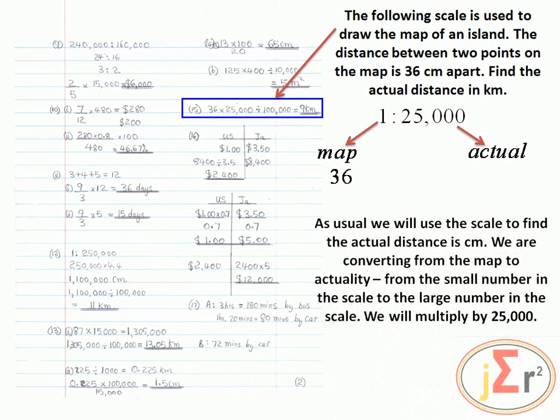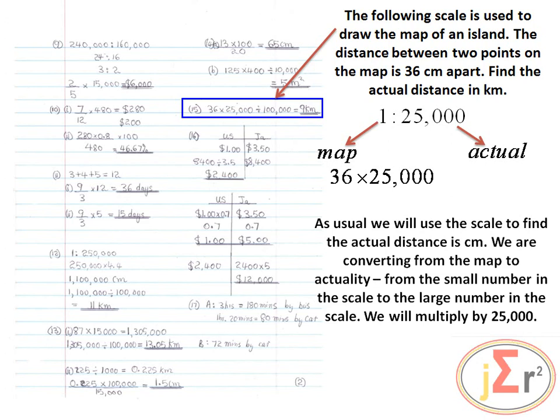As usual, we will use the scale to find the actual distance in centimeters, because when we just use the scale of the map, the units do not change. Therefore, all we do is take that 36, multiply by 25,000, and that 36 is in centimeters. So when we multiply by 25,000, the answer will also be in centimeters.